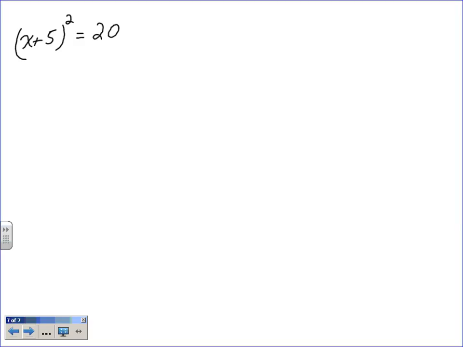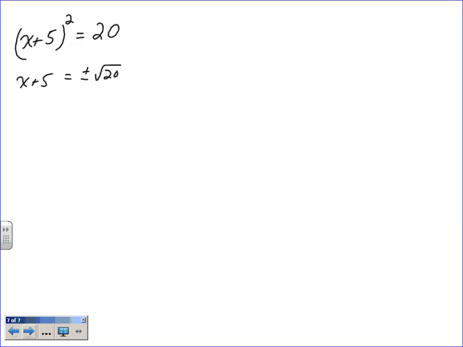So what we did here, we did this on your test yesterday, is we took the square root of both sides of this equation. The square root of this thing squared is simply x plus 5. And the square root of the right side would be plus or minus. Always plus or minus.